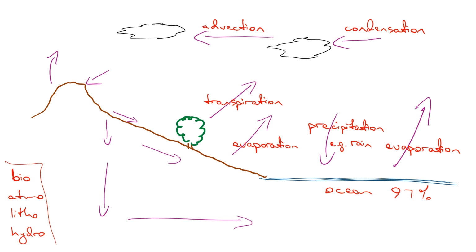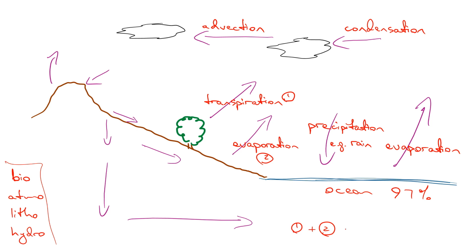Now, I mentioned I was going to come back to that evaporation off land, and let's do that now. Let's call transpiration 1. The evaporation over land, we'll call it 2, because then we can do a little bit of math. Don't worry, it's not too tricky. We're just going to say 1 plus 2. We can combine those. We can talk about water going into the atmosphere from land, so that could be evaporated water, or it could be transpired from plants.